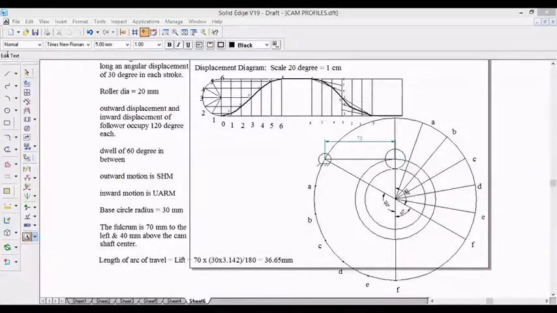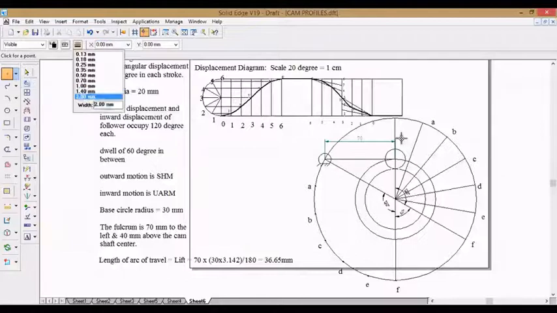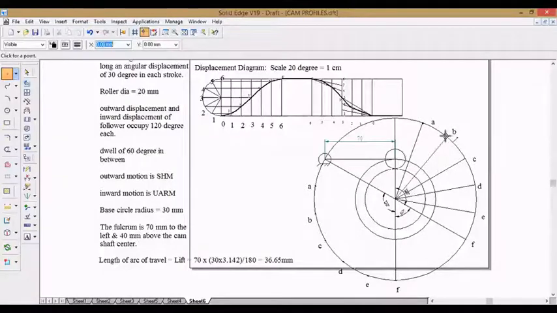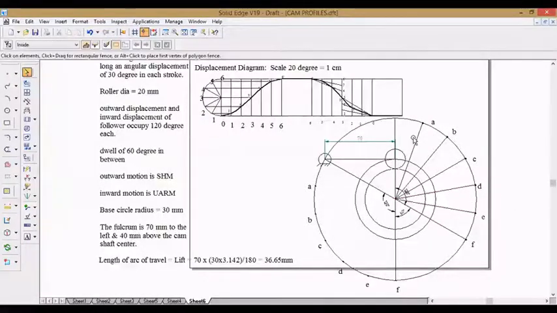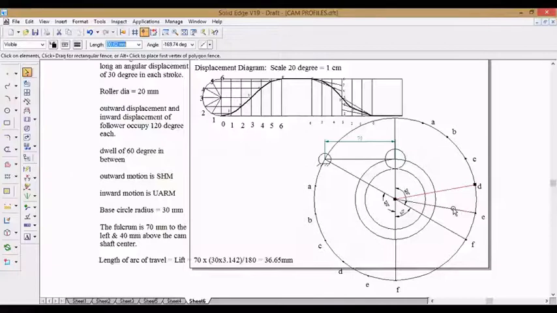Here also you place the point at the end point. Identify the points. Okay. I will delete these lines. I divided the pivot circle into 6 equal parts.